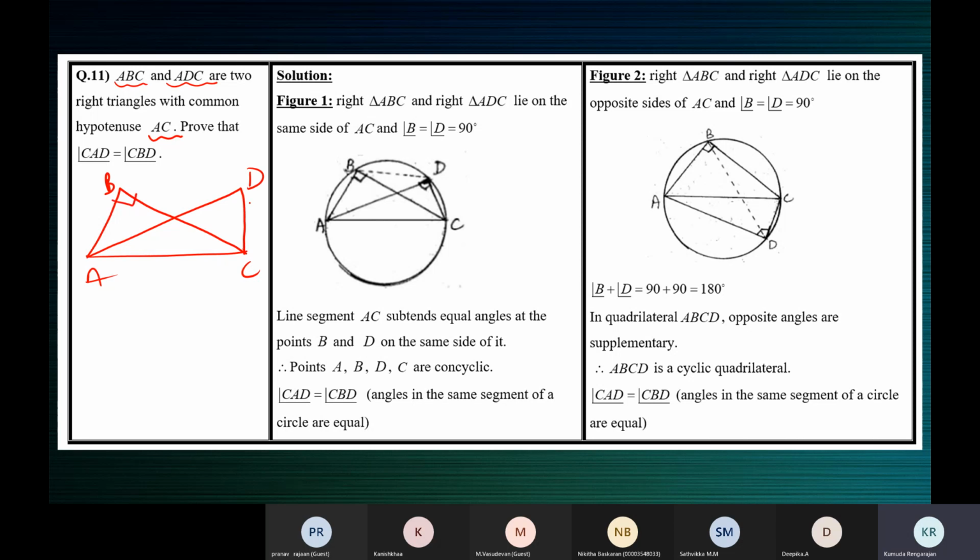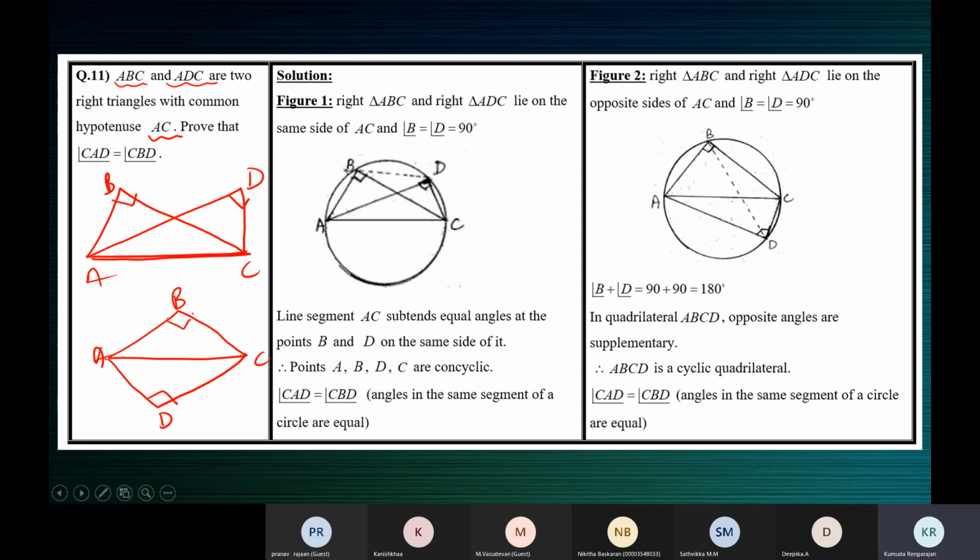See here, this is 90, this is 90. Or with AC as the hypotenuse, you can have one right triangle here above AC and the other triangle like this below AC, ABC, ADC.